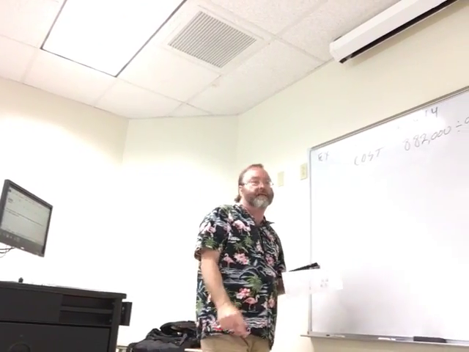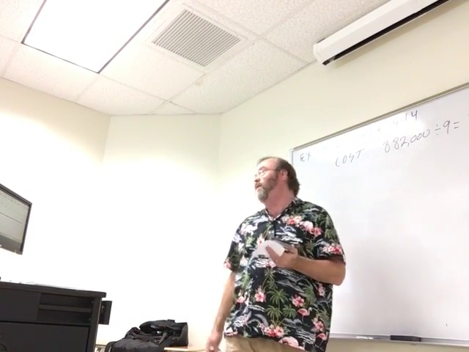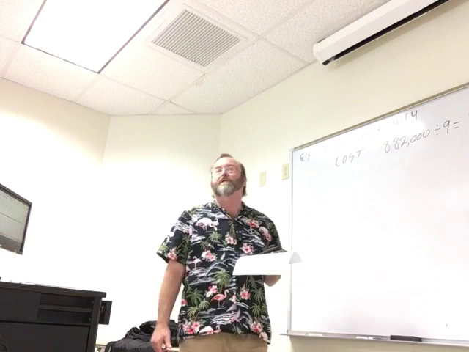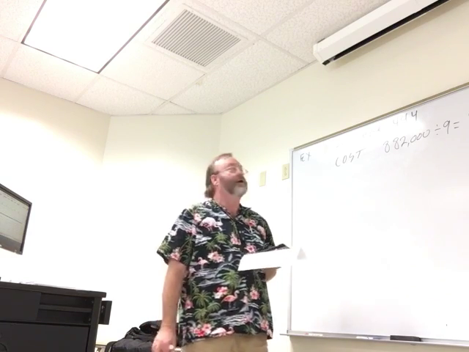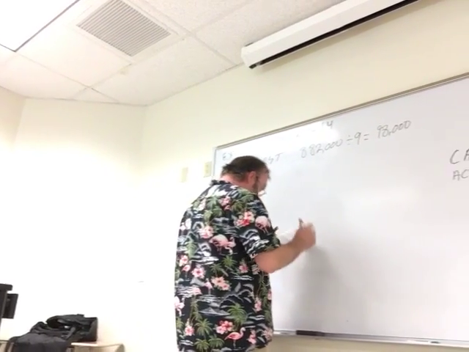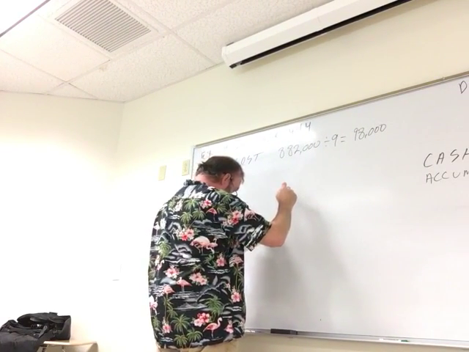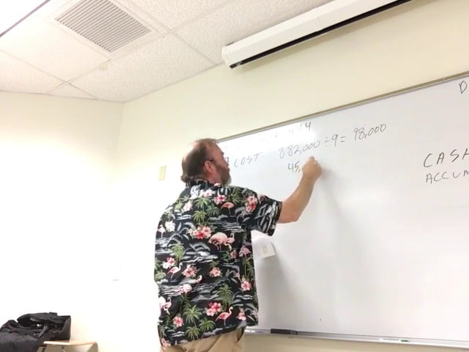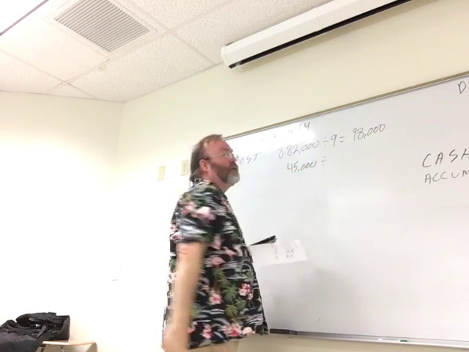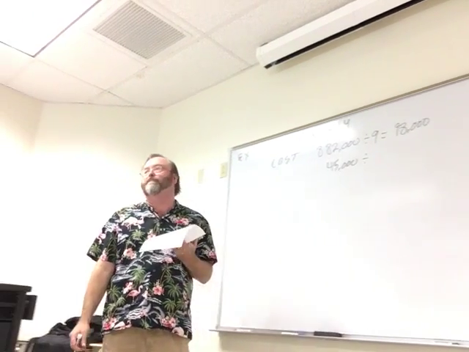At the beginning of 16, somebody encroached on our patent, and we had to take them to court. And we won. But it cost us $45,000. How many years are left in our patent?